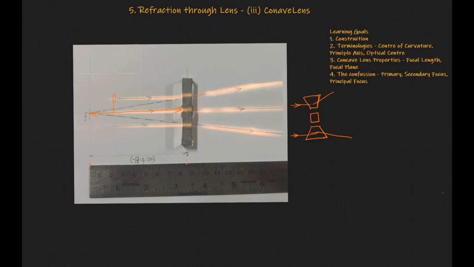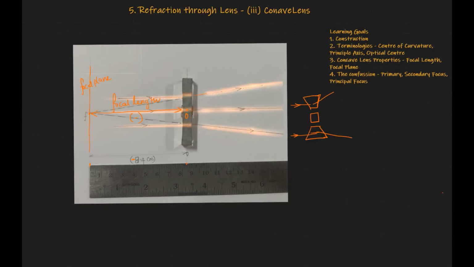So this is a focal length, and since it's on the left side of the origin, this focal length is negative. So as you can see, this is negative 8.4 here, and this line that you see here is the focal plane.